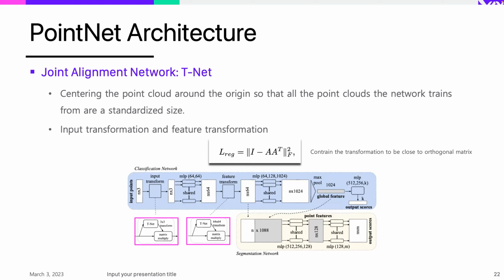Yes, it makes sense when there is only one object, but there might be cases where there are multiple objects in one scene. If the points are scattered, then there is no way to distinguish this is a chair, this is a plane, or whatever. So I just wondered how they could deal with such cases.